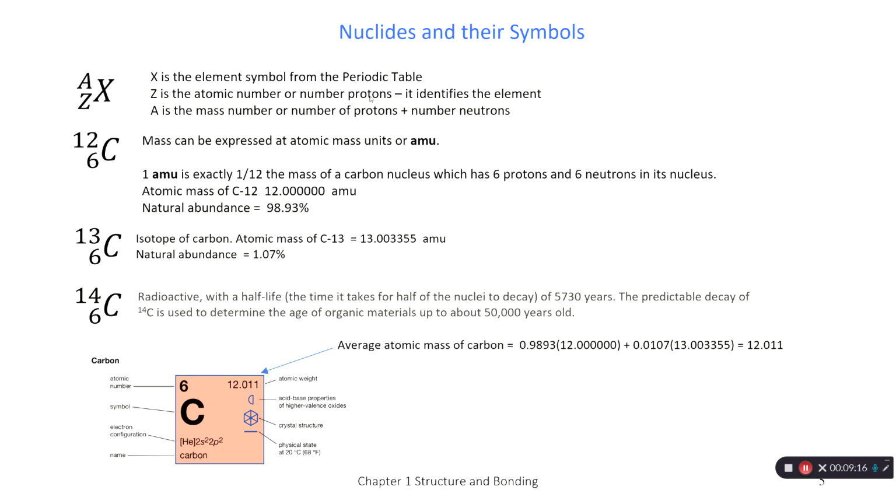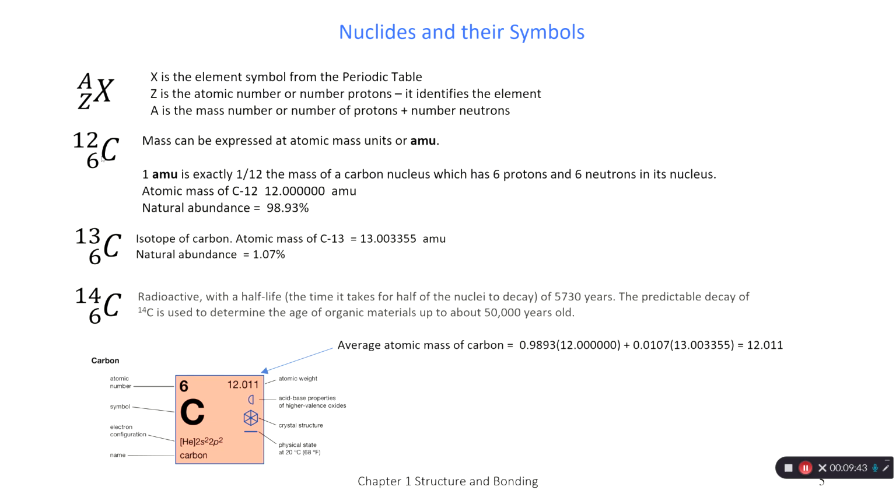And that actually identifies the element. That is, if I have 1 proton, then I know that that element is hydrogen. The other number above that, of course, is the mass number, which is the number of protons plus the number of neutrons. So the number of protons identifies the element, and the number of neutrons will identify what particular isotope you have for that element.